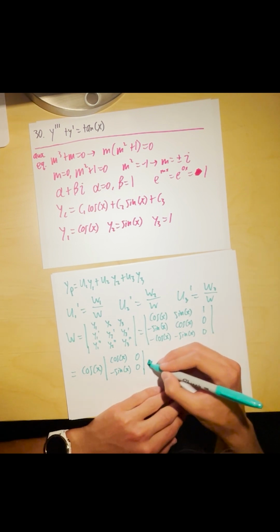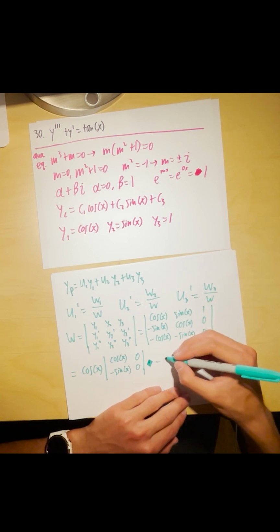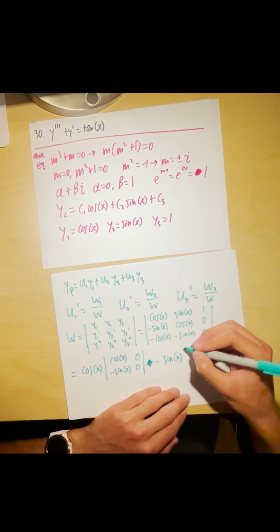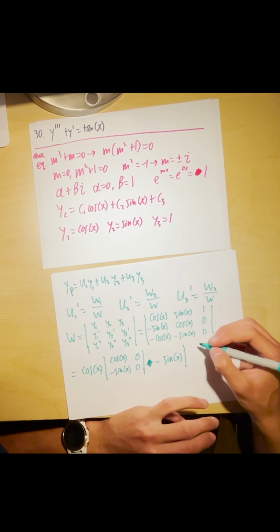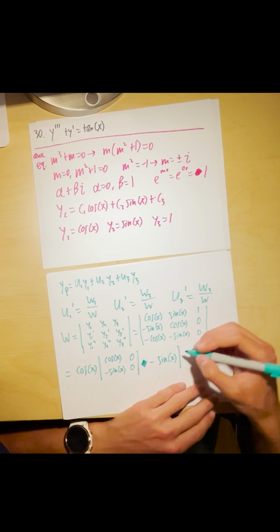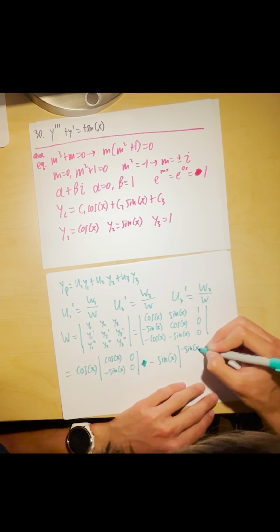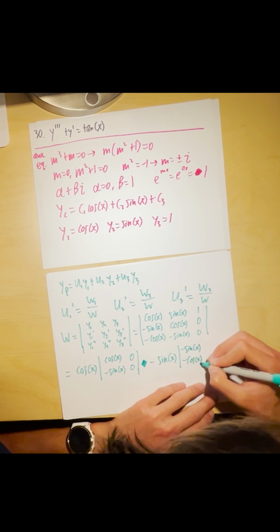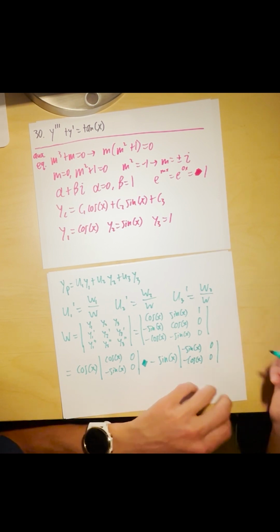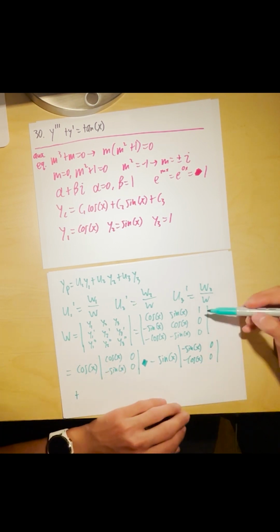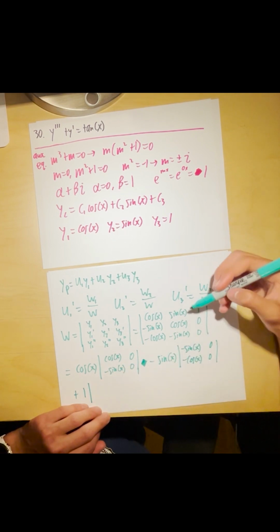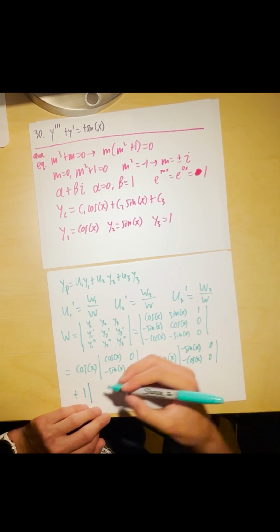And we subtract because it's the second part of the determinant, which will get us negative sine of x, negative cosine of x, 0 and 0. And then finally we're going to add the last one, which is this one, then the determinant of these four.